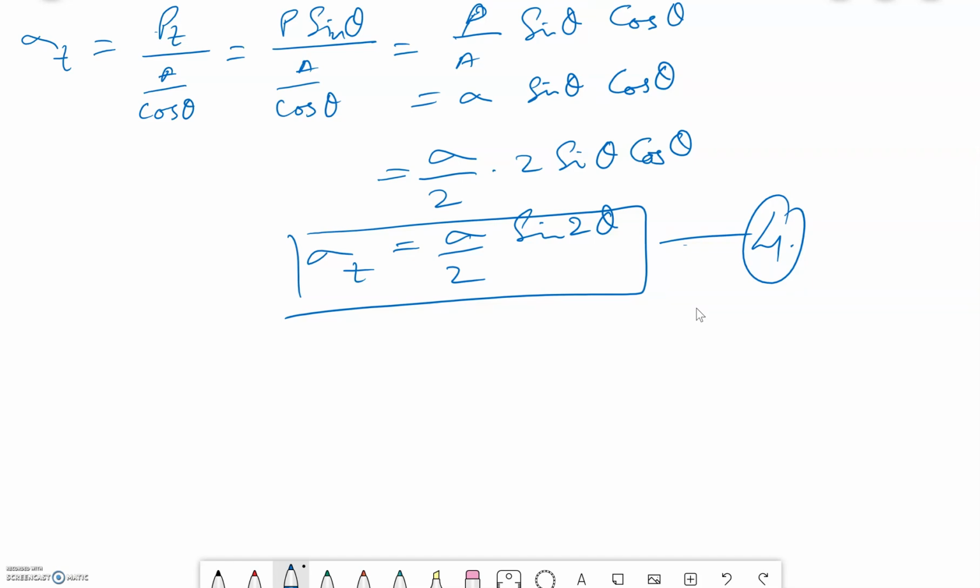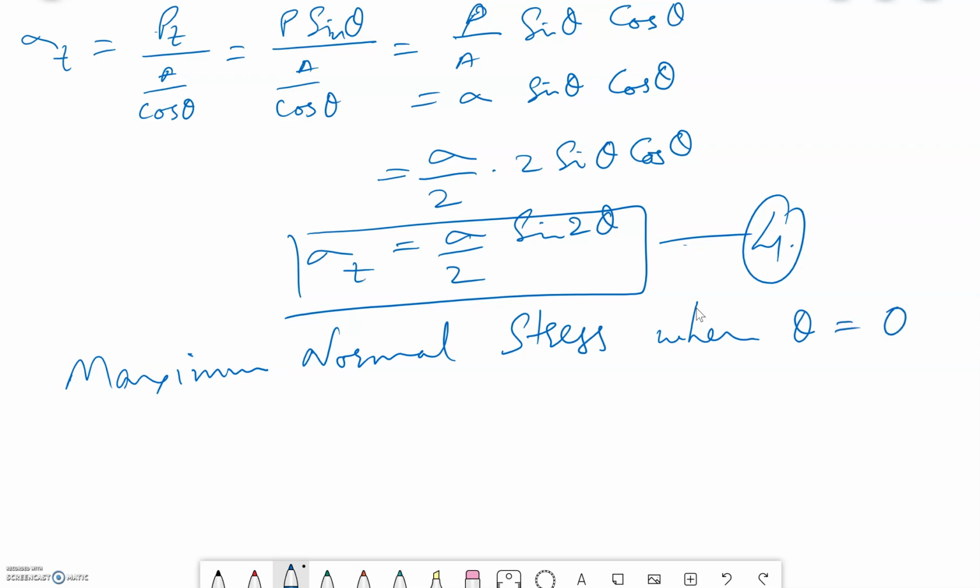That is, the maximum normal stress occurs when theta is equal to 0, or in other words, sigma cos square theta is equal to sigma, because cos square 0 is 1, and then you have sigma, which is your stress acting on section EF.